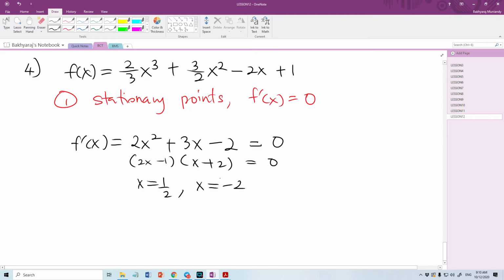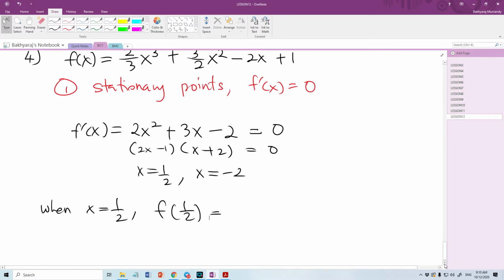Once we get this answer, then we can determine the value of y. So when x equals 1 over 2, get what is f of 1 over 2. Okay, get this answer. And at the same time, you can also find when x equals negative 2.